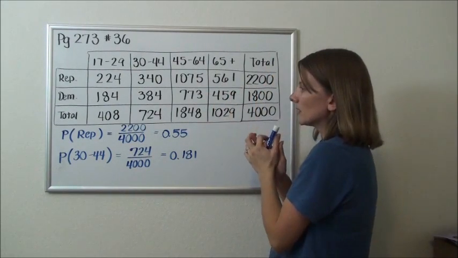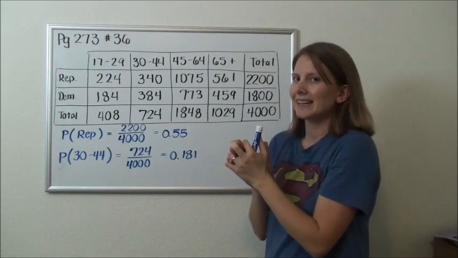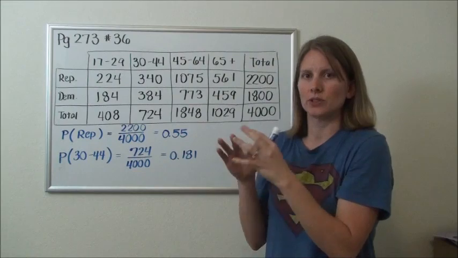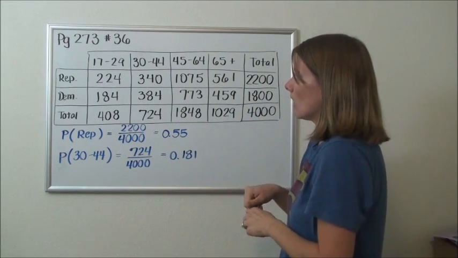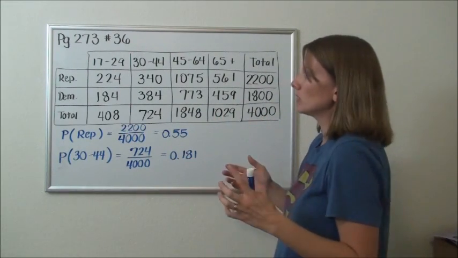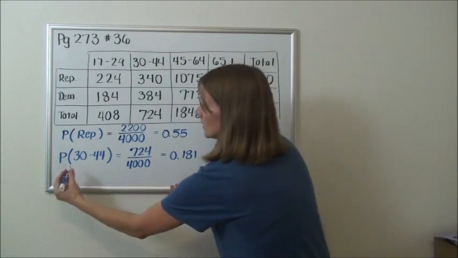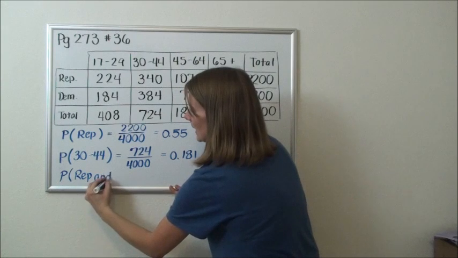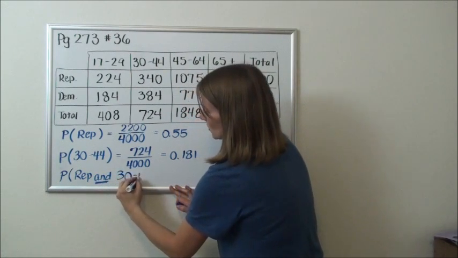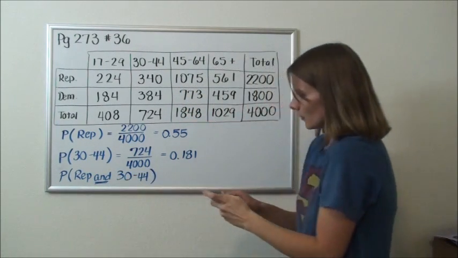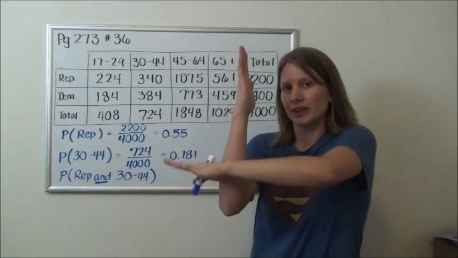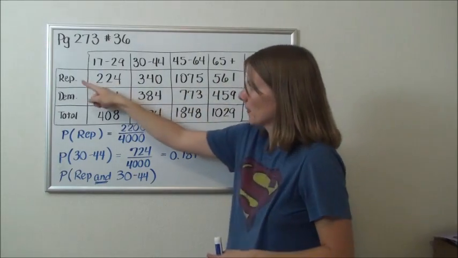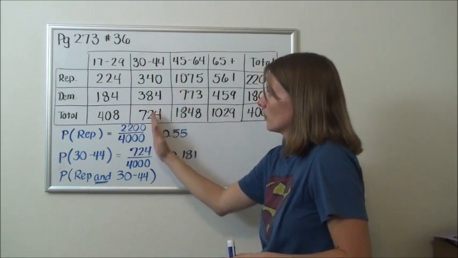Now the nice thing about the tables is that we can find "and" more quickly than we can using the formulas that we've seen before. So for example, if I wanted to know what's the probability that someone is Republican and is in the age group 30 to 44, really when it comes to the table, I'm looking for an intersection between Republicans, which is this row, and ages 30 through 44, which is this column.